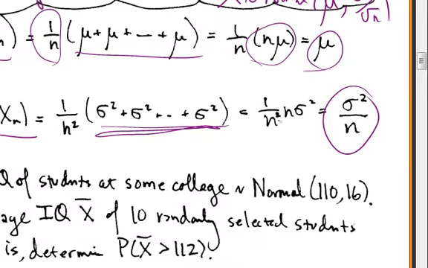There's n of them, so 1 over n squared times n sigma squared, and then there's the standard deviation. So that's nice. Sum of normals is normal. If I average a bunch of normals, I get a normal. The mean stays at the mean. The standard deviation gets smaller.